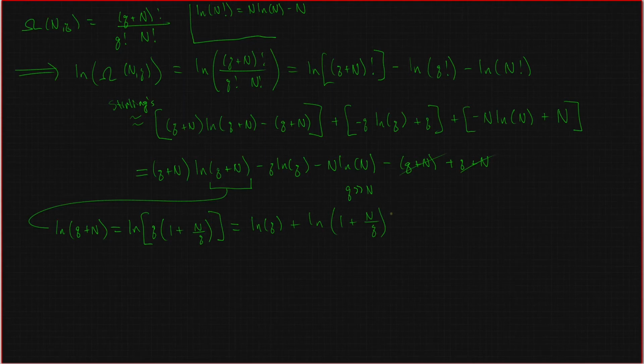So in that case, just by the result that we had before for when this is just x, if x is really small, in this case, this number will be very small, then log of 1 plus whatever that number is just that number back. So we can approximate this in the high temperature regime as being ln of q plus n over q. All right. So now taking this result and plugging it back in.